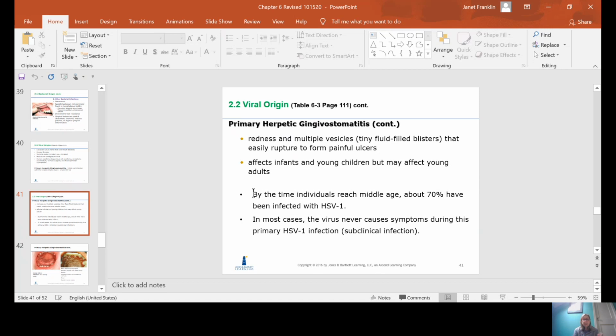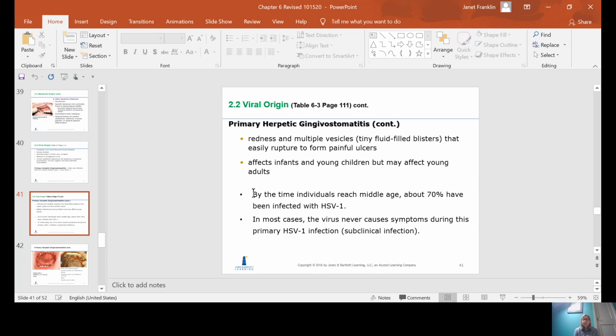The statistics show that generally most people are exposed to the herpes simplex virus when they're young. Somebody has a herpes lesion on their lip and they're sharing food or kissing your baby or drinking out of the same drink as your young child, and they get infected by it.